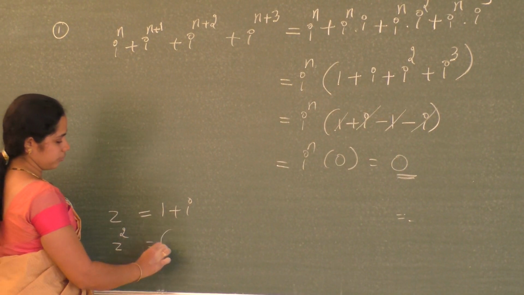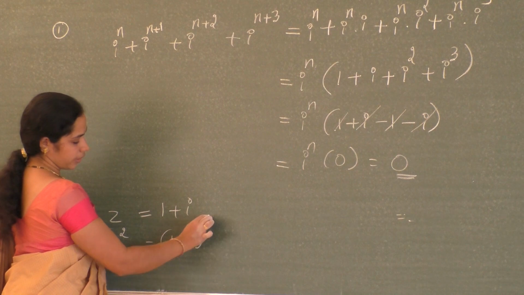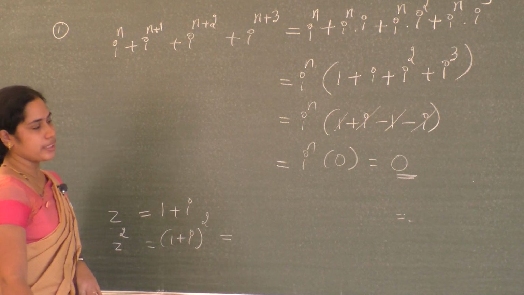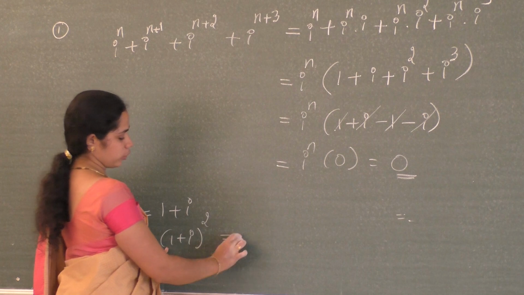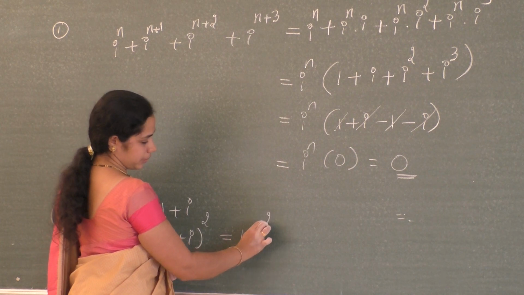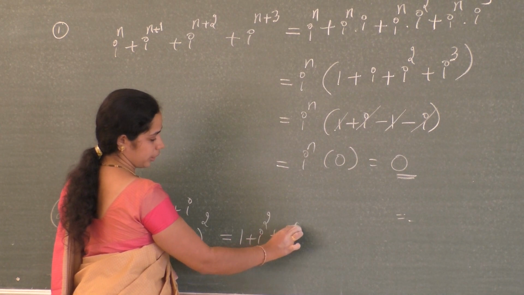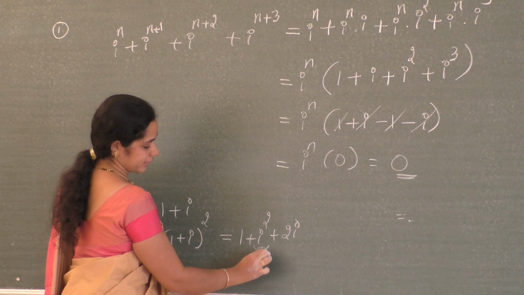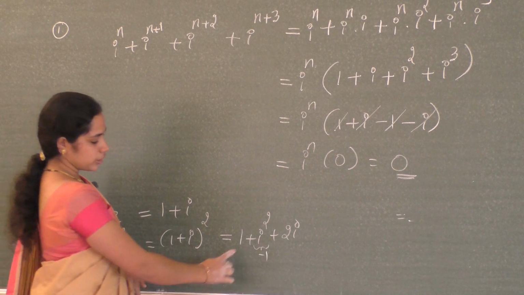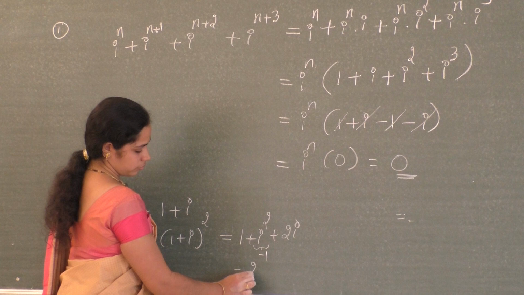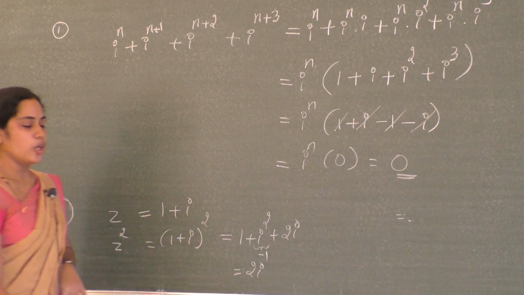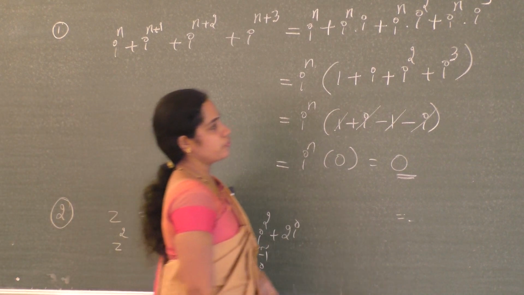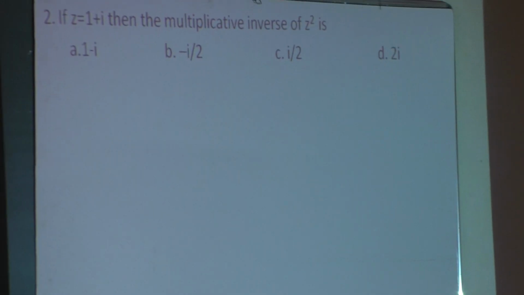What is z square? 1 plus i whole square. This is equal to (a plus b) whole square, a square plus b square plus 2ab. The value of i square is minus 1, so it cancels here. So it is 2i.